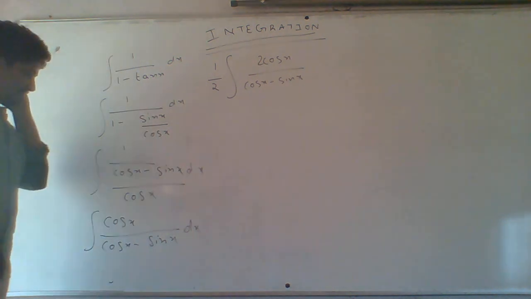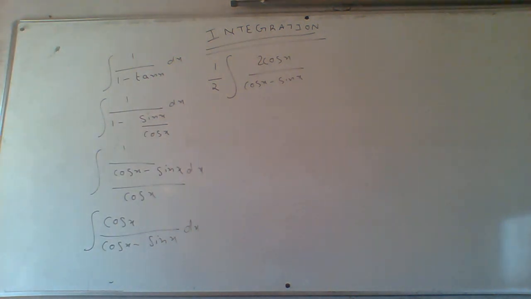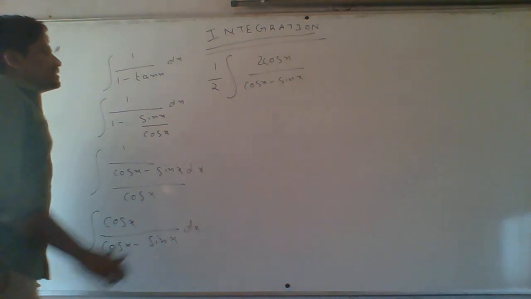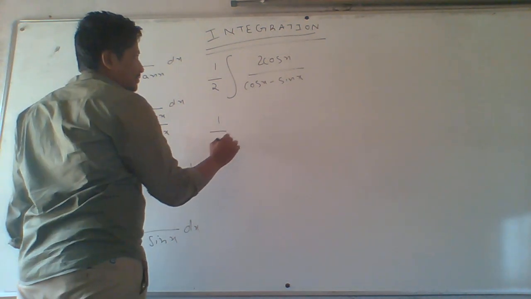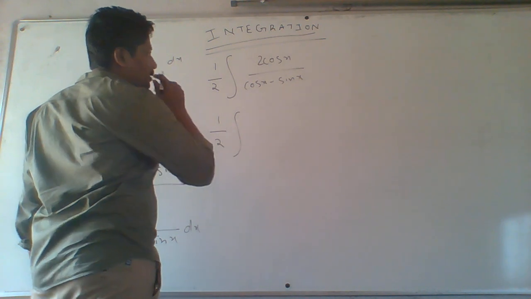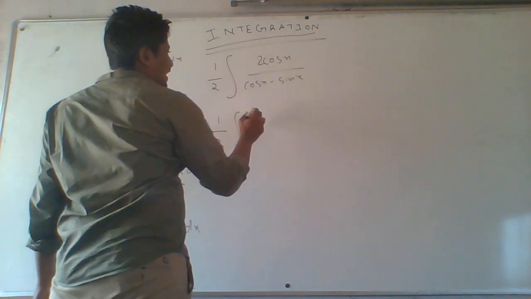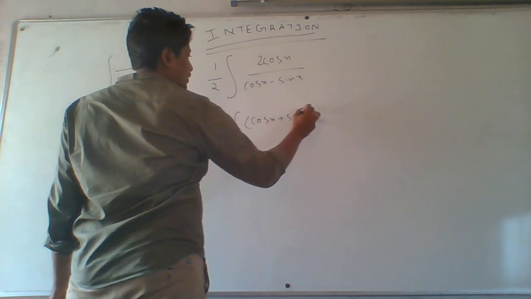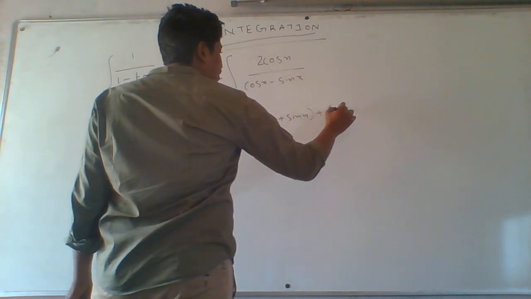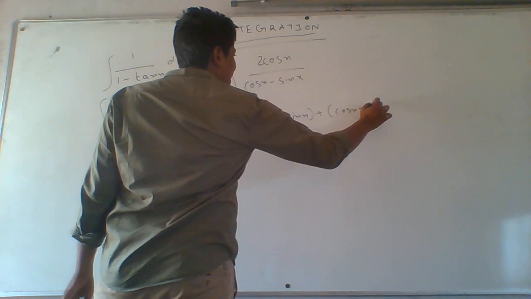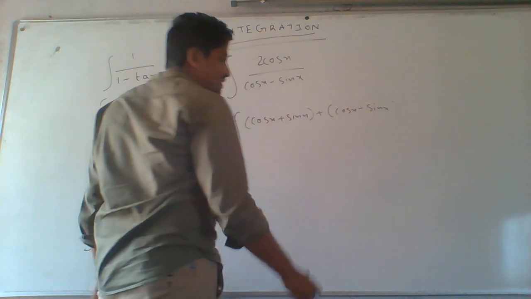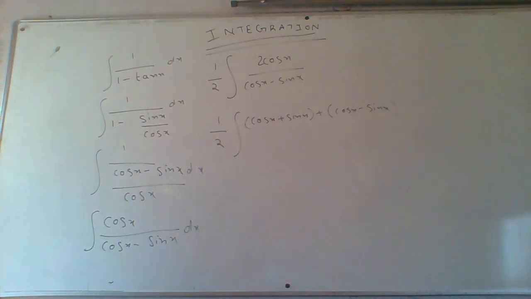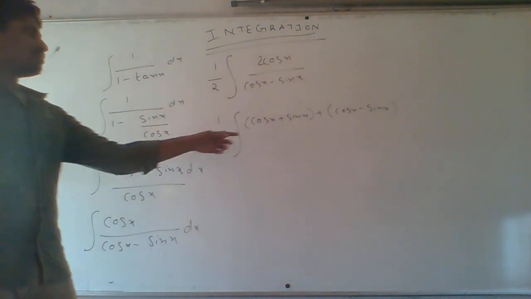For that particular thing, see here, can we write like this? For 2 cos x, we can write (cos x plus sin x) plus (cos x minus sin x). See here, it is algebraically equal to this.